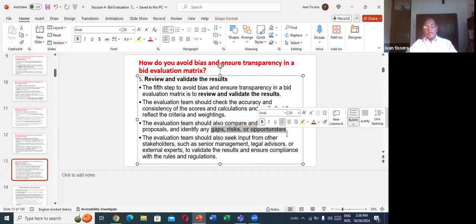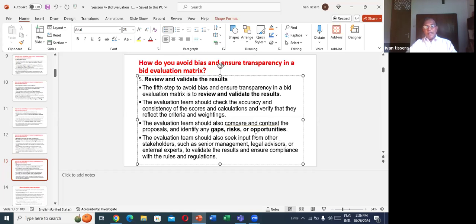All right. Even though this is the highest score, if any major gaps in considering the criteria are there, even though he is the highest score. And any risk, we'll discuss risk later on in another presentation: procurement risk at the bidding stage and risk at the contract implementation stage.